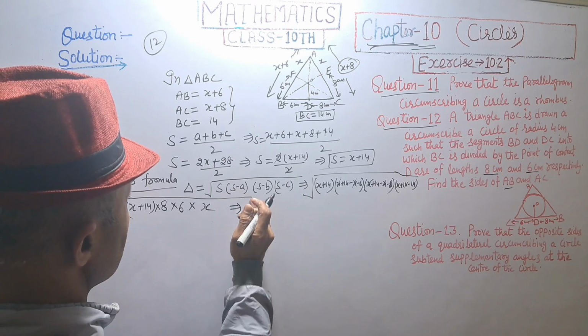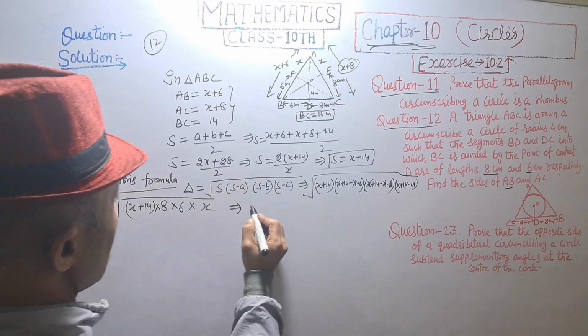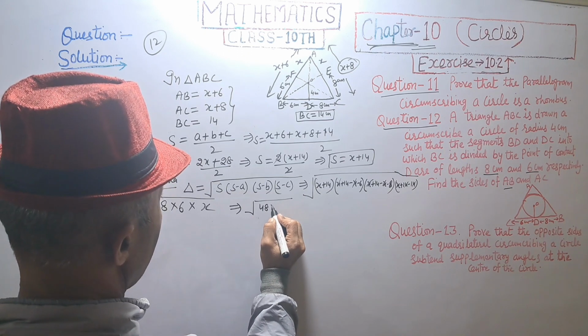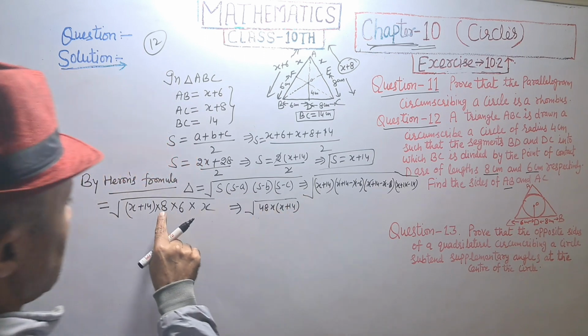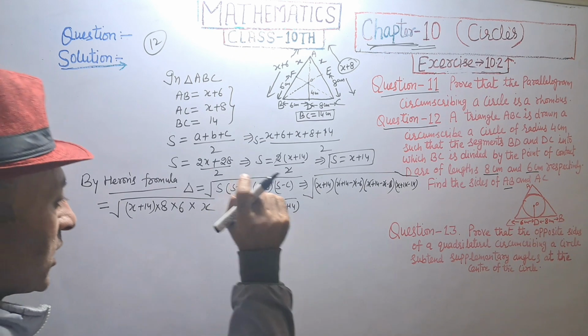This implies root of 48x into x plus 14. 8 sixes are 48, into x, 48x into x plus 14.